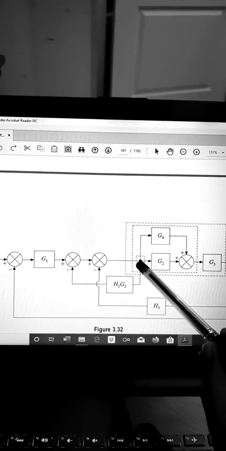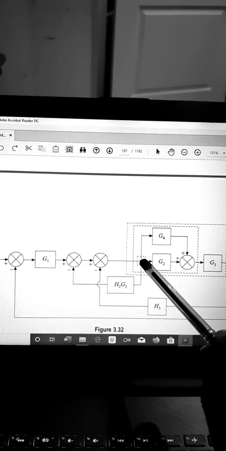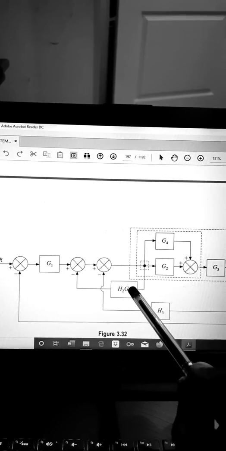In order to simplify this, this branching should be transferred to after the simplified block. When you are moving this branching point after the block, you get H2 into G2.